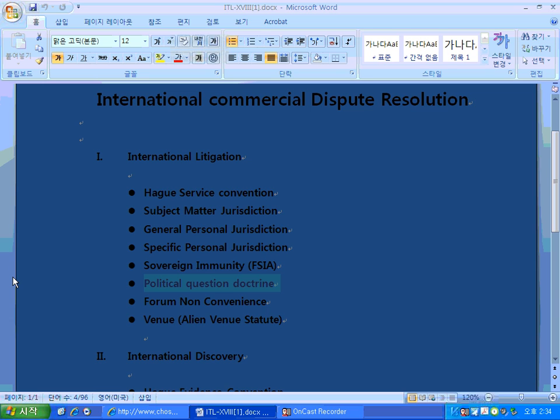So what entitles the operation of this doctrine? Lack of judicially discoverable and manageable standards for resolving. So it is very cumbersome for the judiciary to say this or not.